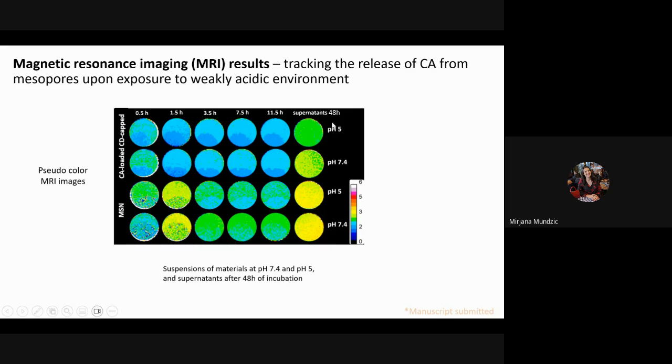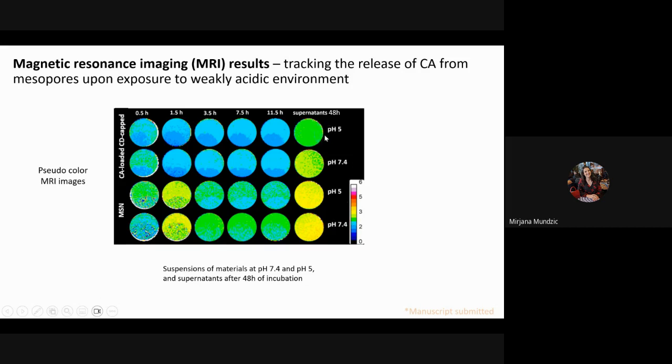There is, as we can see, a significant difference between these two colors, even for pH 5 or 7.4, and the results that we obtain for the MSN. These are yellow, I mean around 3. This is the relaxation time, T1 time, and these ones are lower. The lower the relaxation time, the higher the release of contrast agent, which means that the relaxation is higher as it goes more to the green on this scale.